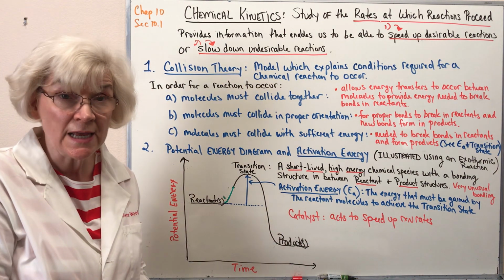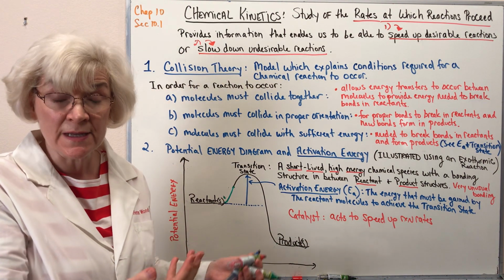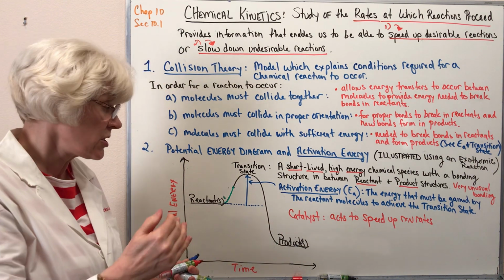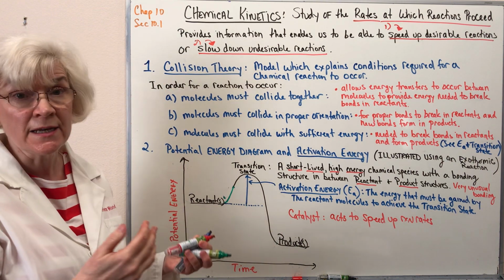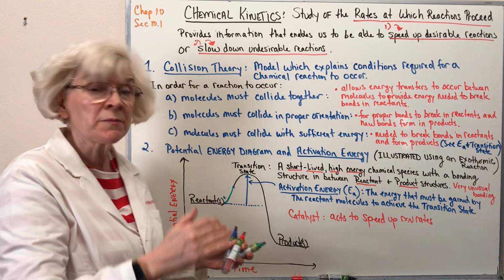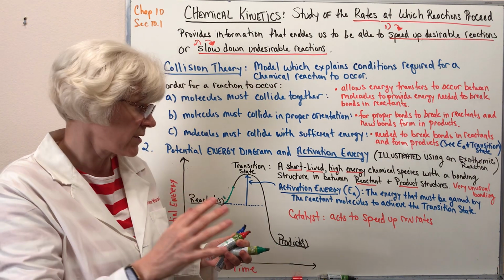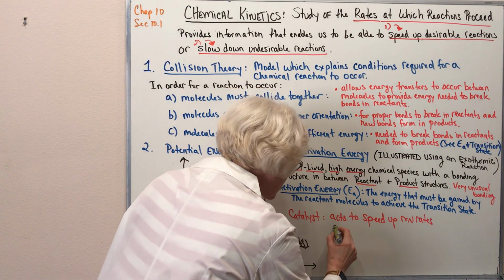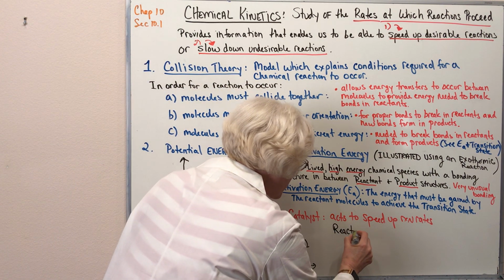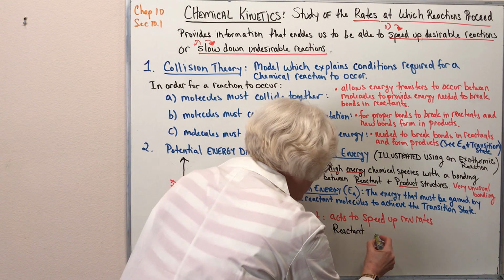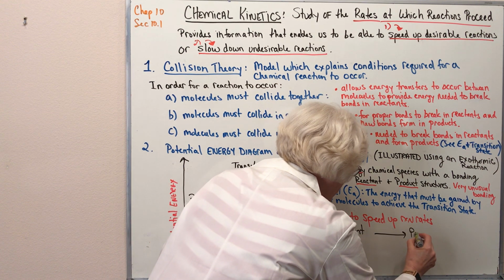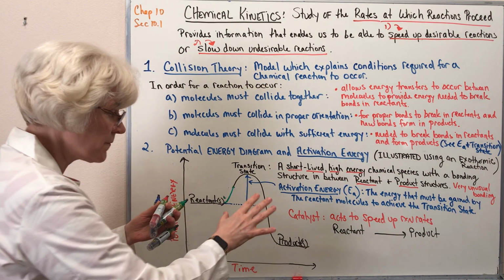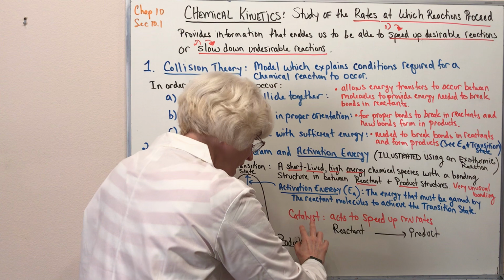It's usually a substance, but it can also be something like light energy that acts to cause the reaction rate to speed up. But normally we're looking at some chemical substance. The catalyst is neither the reactant nor the product, so you would never try to consider the catalyst as either.